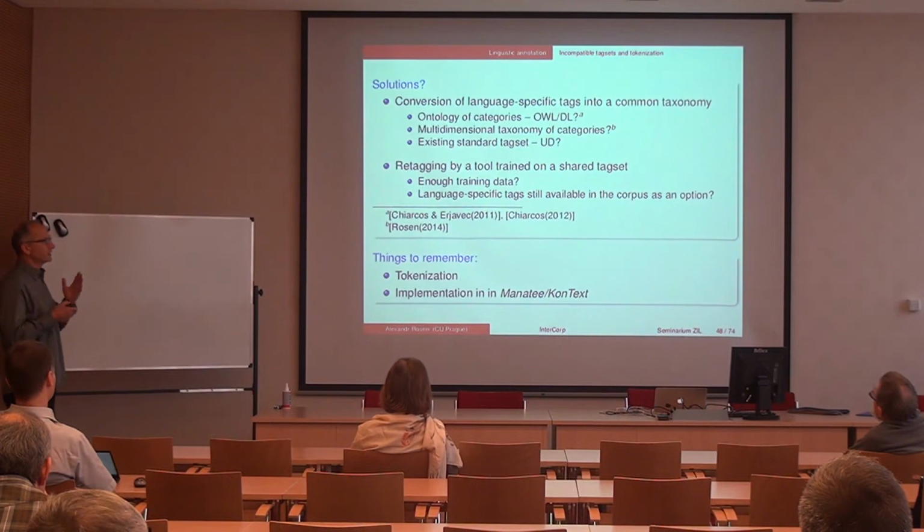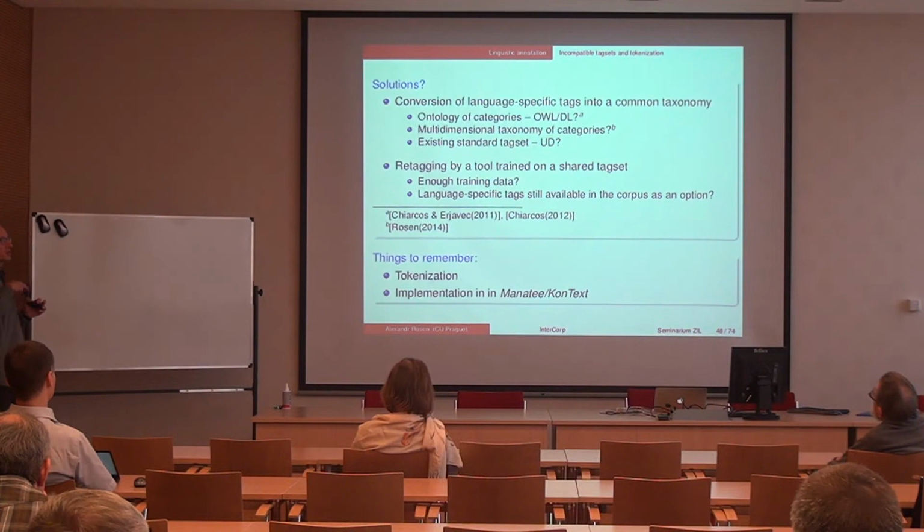And now about retagging. It is still the situation that for most languages, the result of the national, language-specific taggers is better than the result of the universal tool. That's related to the fact that this universal tool doesn't have enough training data.